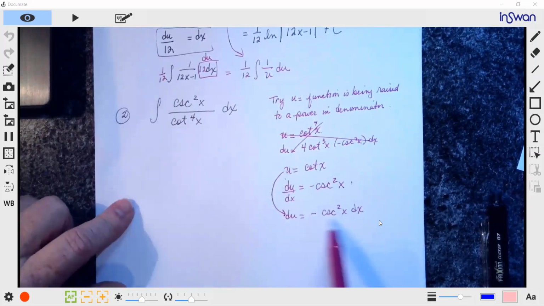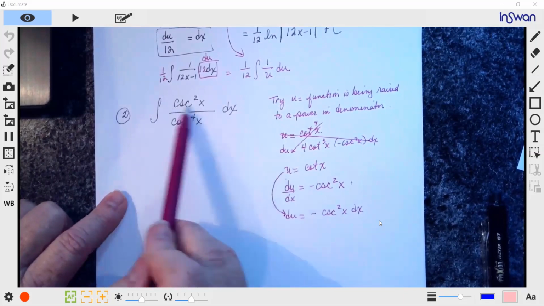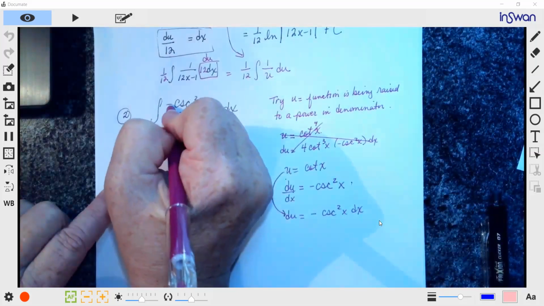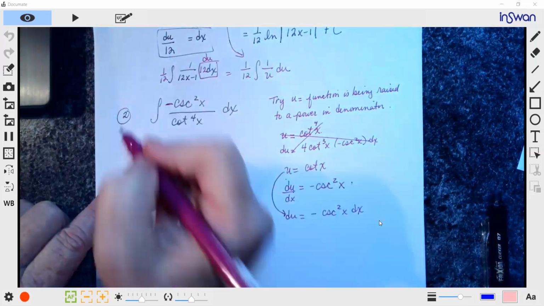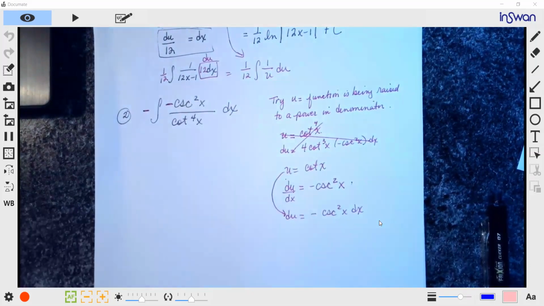Okay. So rather than solving for dx this time, to get a du into my integral, I need a negative cosecant squared x dx. So I'm just going to multiply by -1 and reverse it by multiplying by a negative out front as well. So overall, I've multiplied by -1 times -1, which is +1. So I haven't changed the value of my integrand.